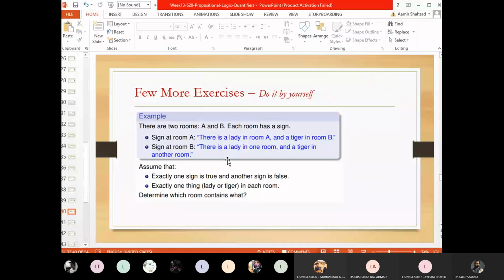Then the sign on room A is false, so it was claiming there is a lady in room A and a tiger in room B. So if it is false, it means we have to consider its opposite scenario. So that should be the true one: that there is a lady in room B and a tiger in room A. So simply analyzing the statements, we can infer the solution.